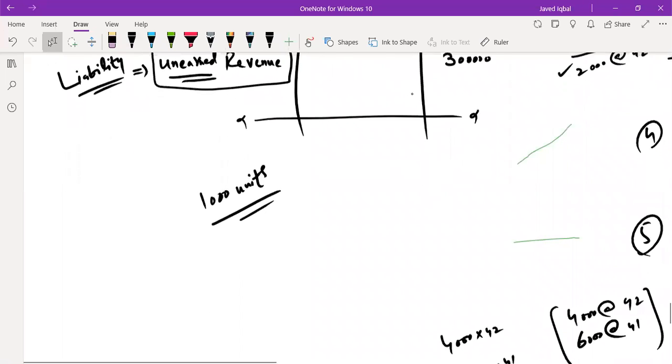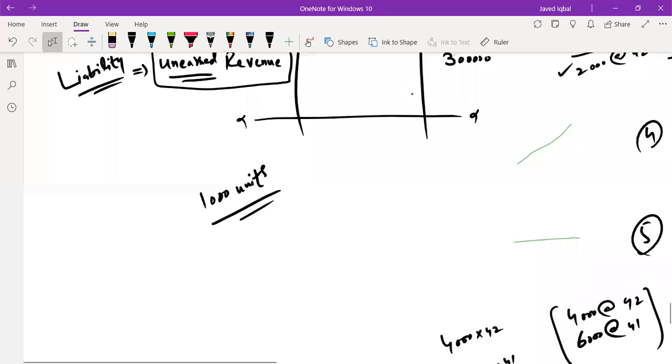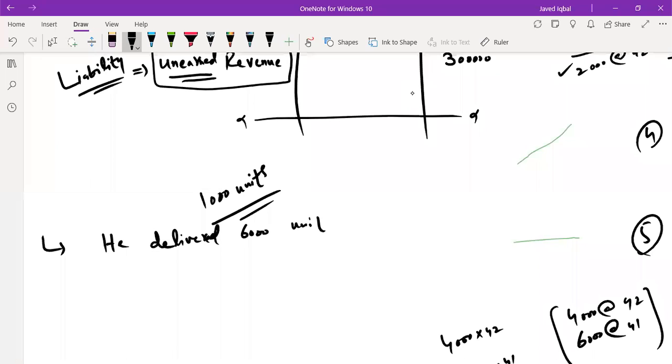So when we can convert it into revenue, for example, the next transaction could have been that we delivered 6,000 units for which he paid advance payment.